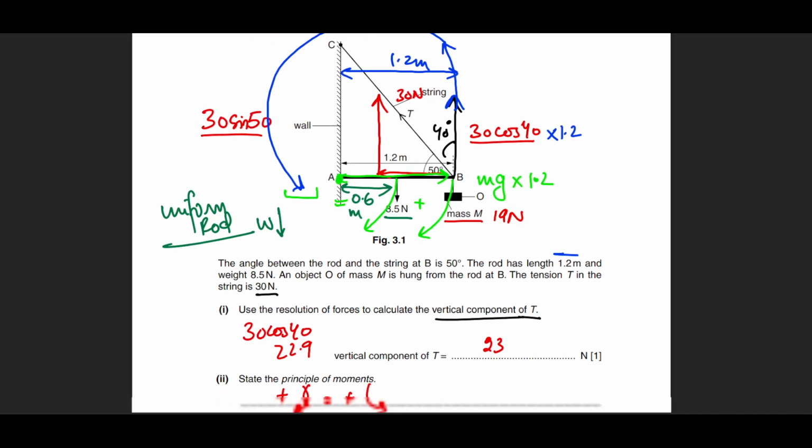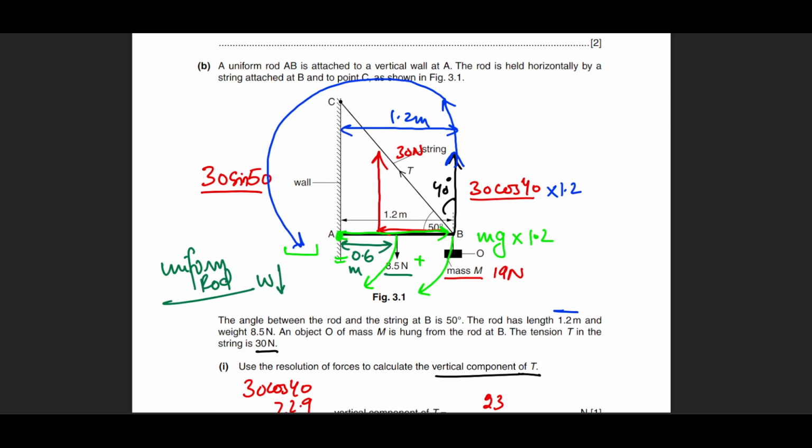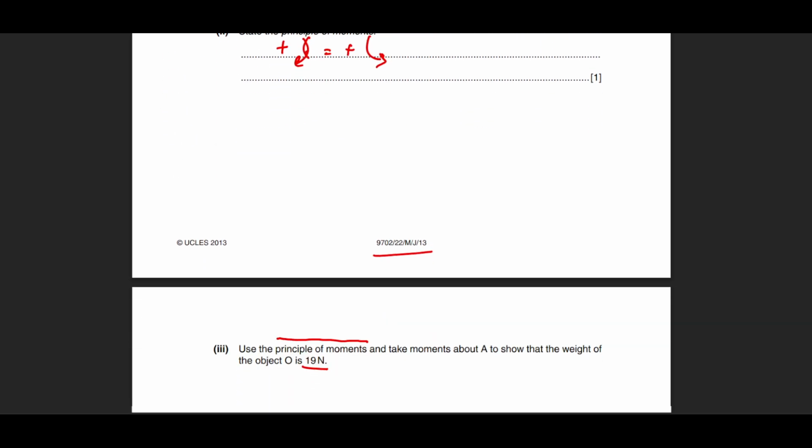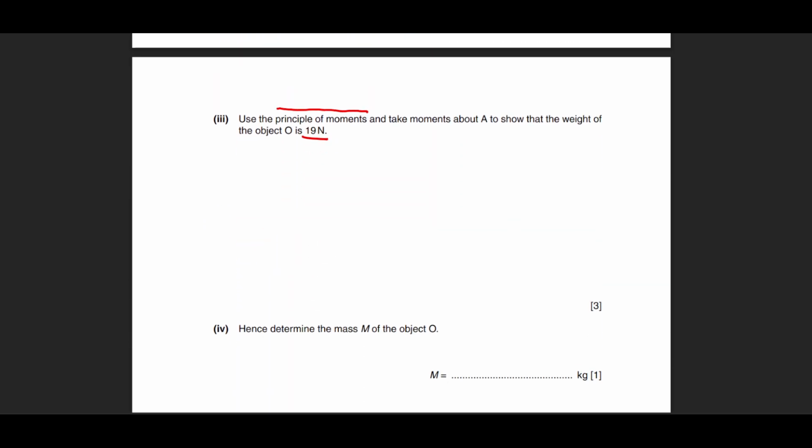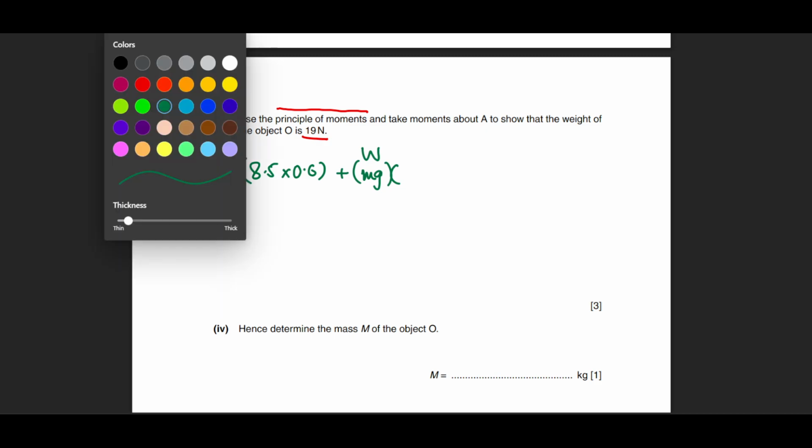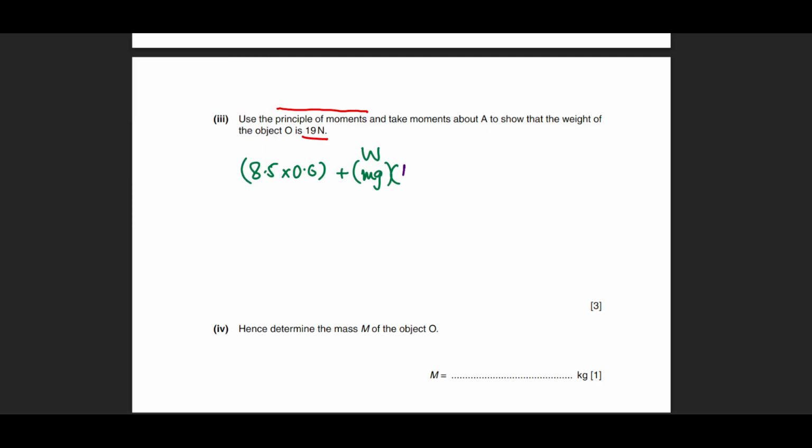Okay, so let's make this equation. We are being opposed by this tension's component, and we are holding back this mass, and this mass as well. It is going to look something like this. We have 8.5 multiplied by 0.6, the weight of the rod, plus the weight that is hanging on the other side, which is mg, which is of course the weight because we need the force, multiplied by 1.2 because that is how far away it is from the ledge, equals our component, which was T cos 40, multiplied by 1.2.